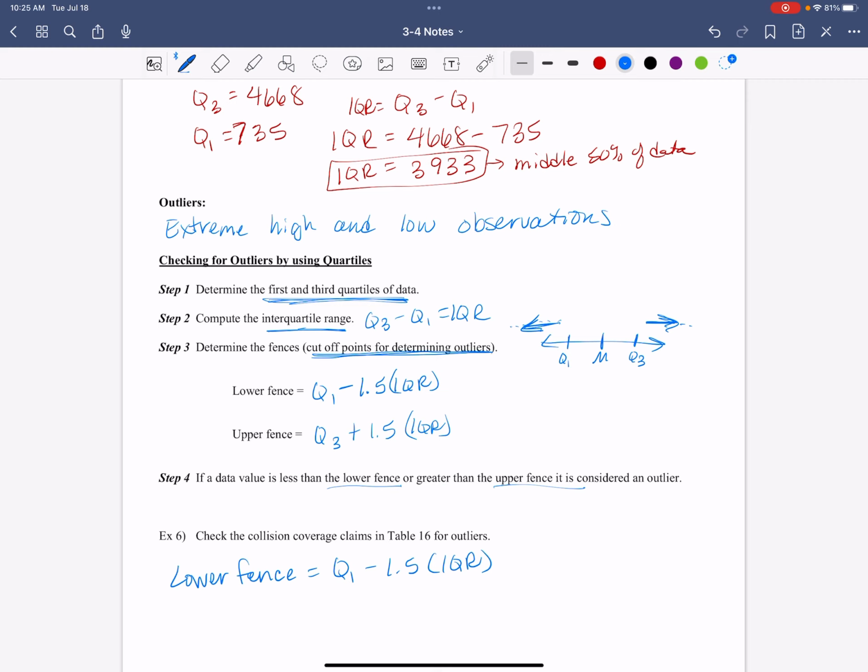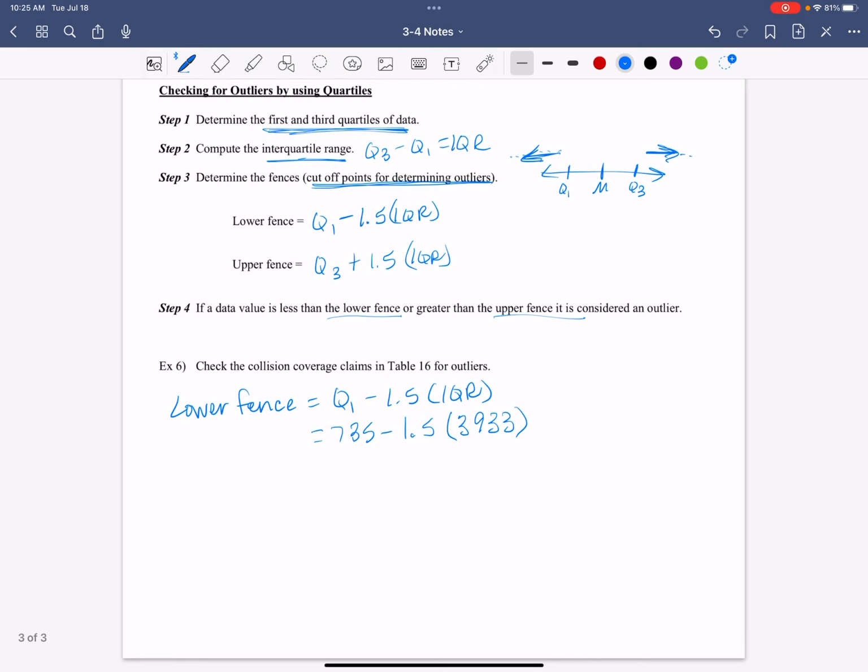All right. So my lower fence puts me at quartile 1, which is 735, minus 1.5 times that interquartile range, which we learned to be 3,933. Put all of that into your calculator, and what do we get?